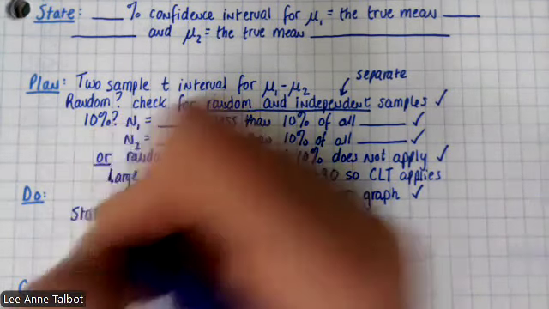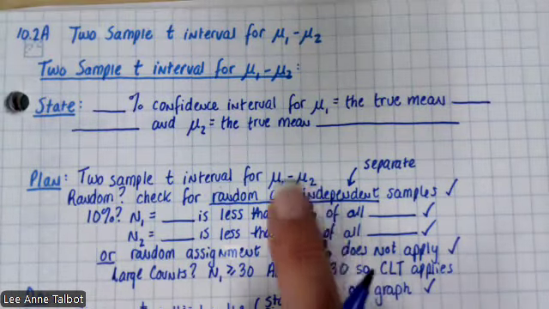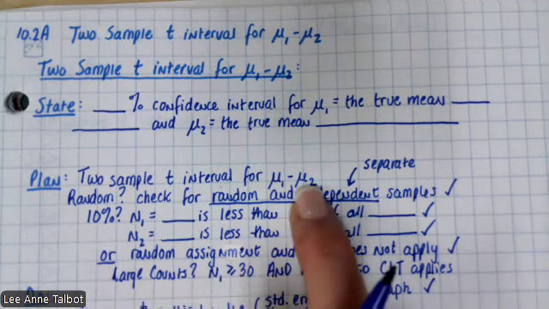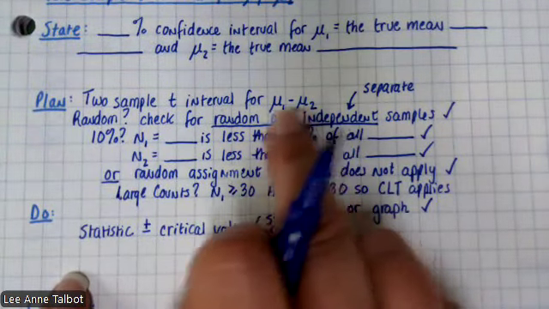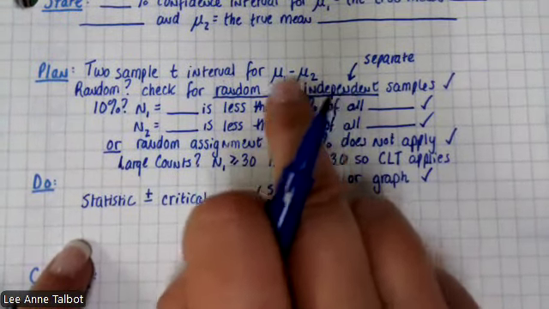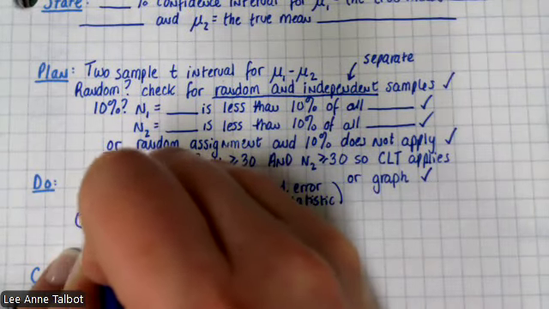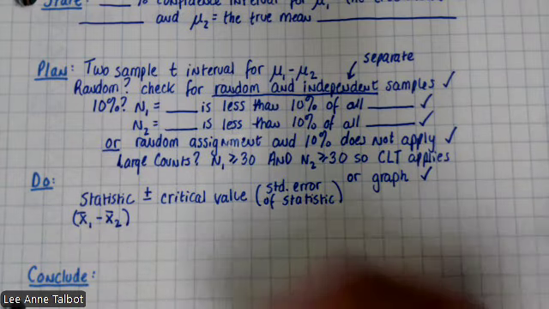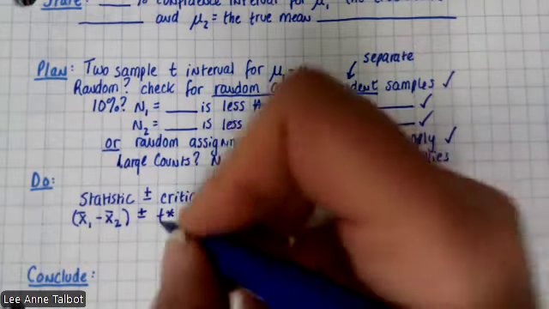Statistic in this case. When I look at what we're doing, it says mu1 minus mu2. This is the population mean of the first population minus the population mean of the second population. So our statistic should look just like this, except it shouldn't be populations, it should be samples. So you want x bar 1 minus x bar 2. That is your statistic. Taking the sample means and subtracting them. Plus or minus critical value is T star.